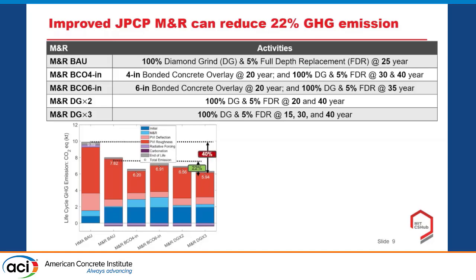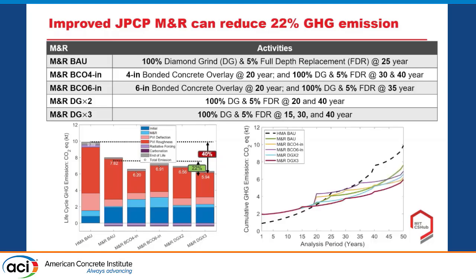Compared to our HMA BAU, we can reduce 40%, which is not as impressive as the improved GPCP design, but we can combine their schedules. But because of the time today, I don't have time to show those results. Regarding the payback time, the original was 22 years, and now it was shortened to 18 years.